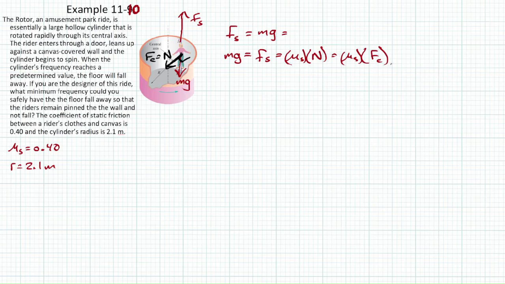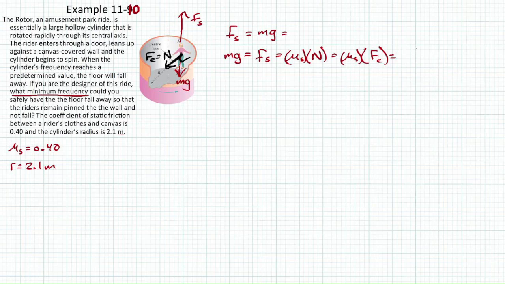Well, we don't, but we're trying to solve for frequency. The frequency that would cause your friction force to balance out your weight force. Can we go from centripetal force right to frequency? No, but we can go right from acceleration to frequency, and we can go right from centripetal force to acceleration. So let's state this in yet another way.